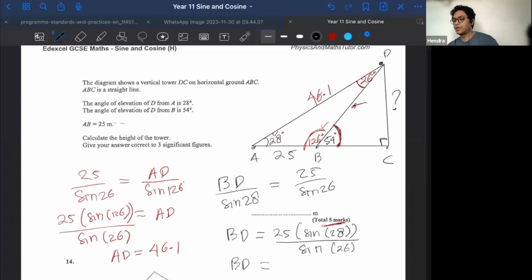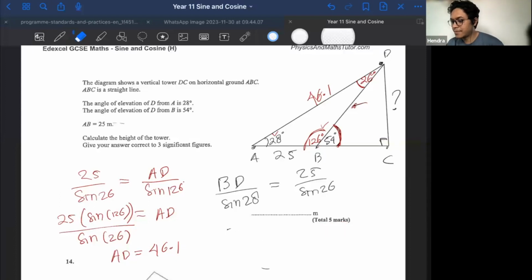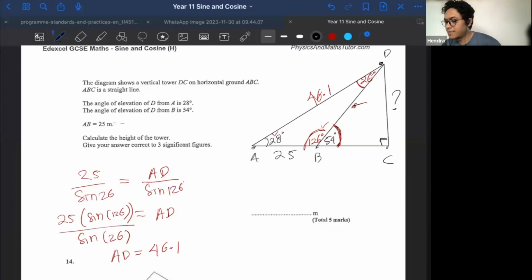Oh wait, sorry, we don't need to find BC from this. If this is 90 and this is 54, that means this is 36. Oh yeah, you still need to find BD.